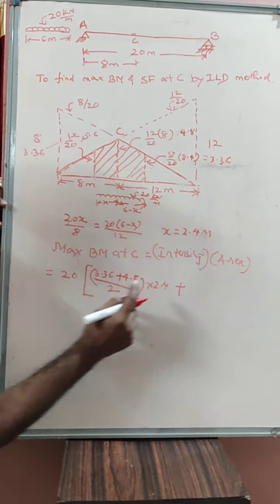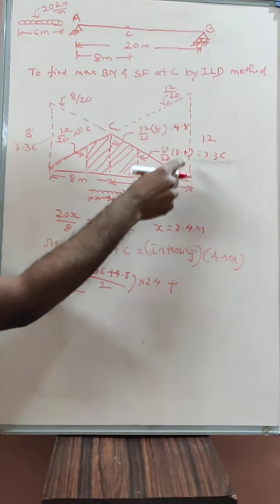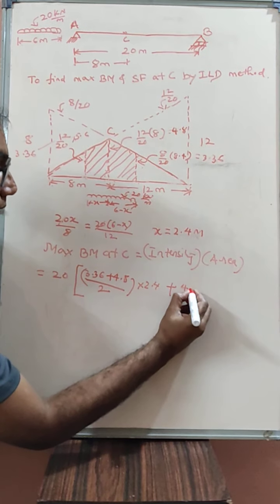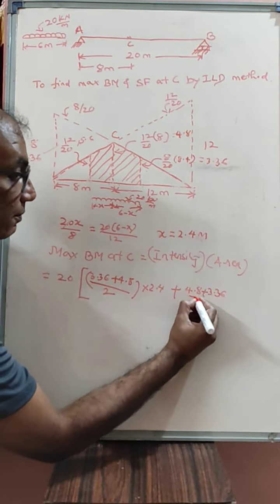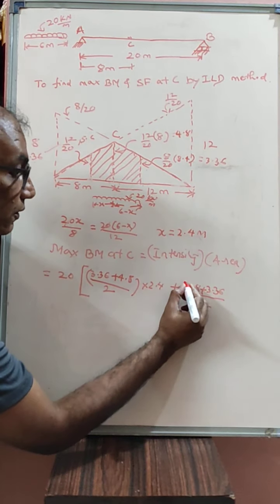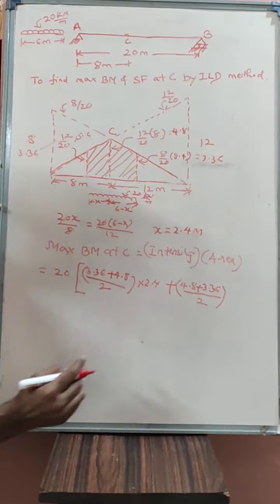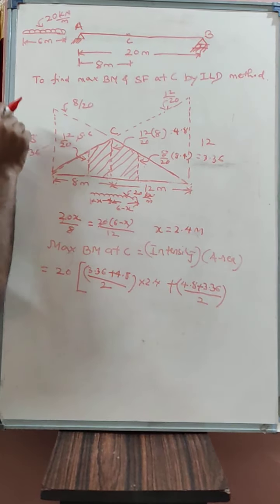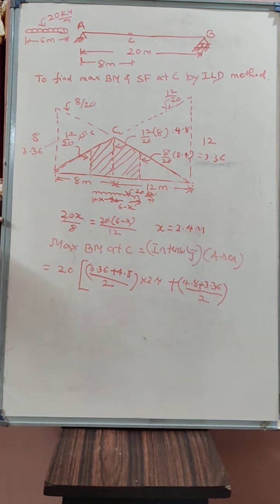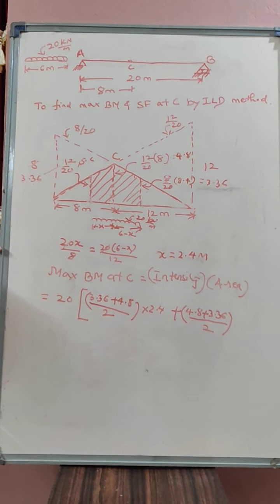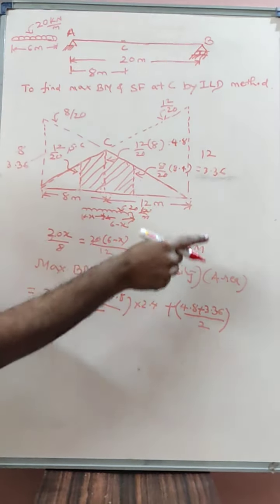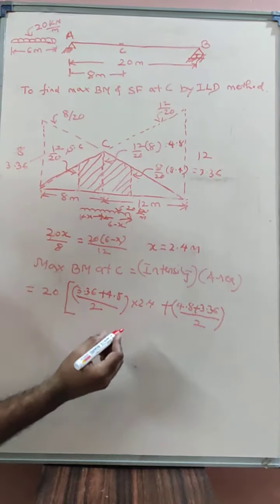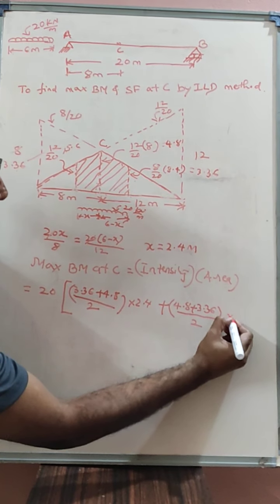Plus the sum of these two parallel sides, again 4.8 plus 3.36, divided by 2 into the distance between the parallel sides. This distance is 6 minus x. The 6 minus x value is equal to how much? 3.6, because x is 2.4, 6 minus 2.4 is 3.6.